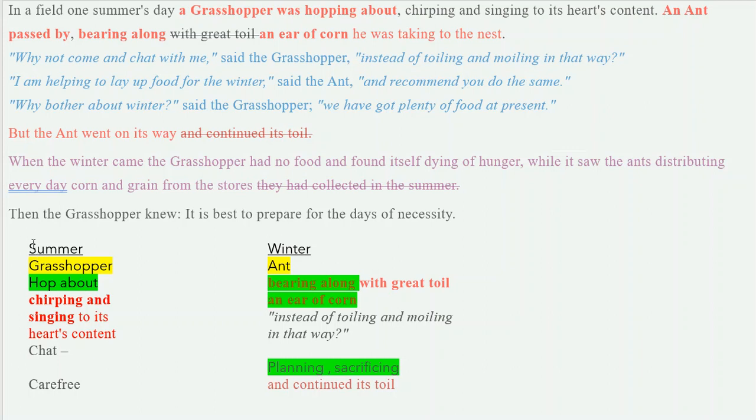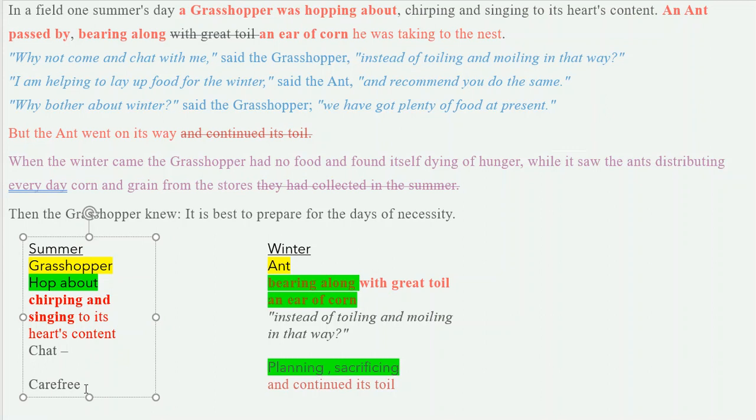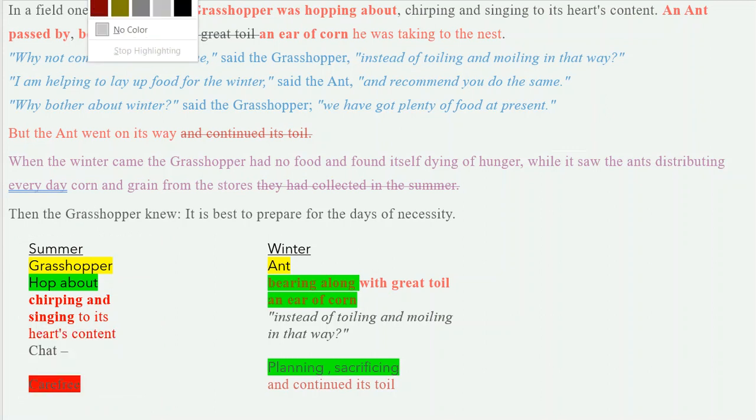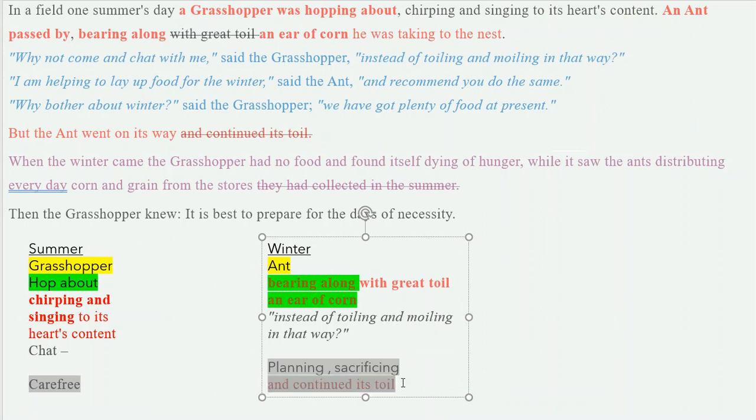As I see it myself, the main characters are not summer and winter, they just contrast, right? And what does the summer and winter help us to contrast? They help us contrast character qualities, being carefree versus planning and sacrificing, right? Planning and sacrificing.